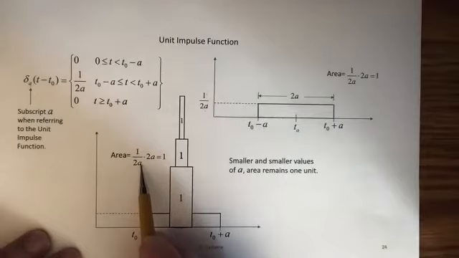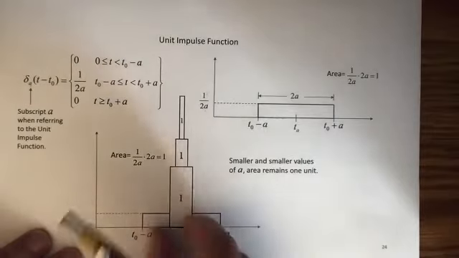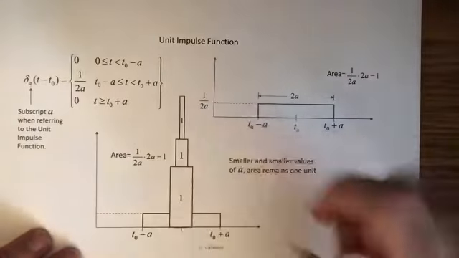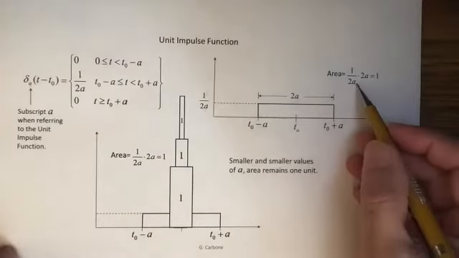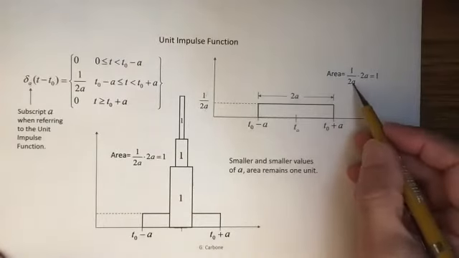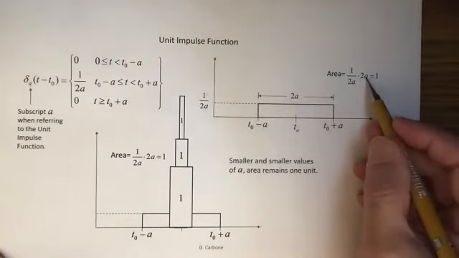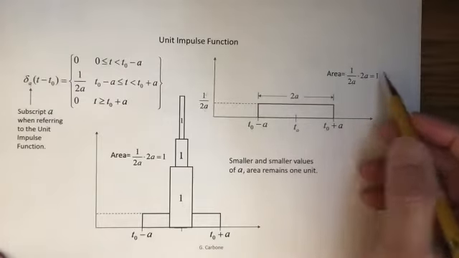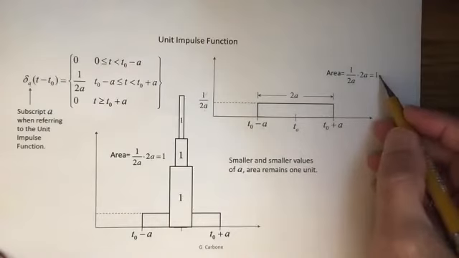So this is shrinking, and this is going higher. When a becomes smaller, this becomes larger. But the ratio, no matter what my a is, is always 1.